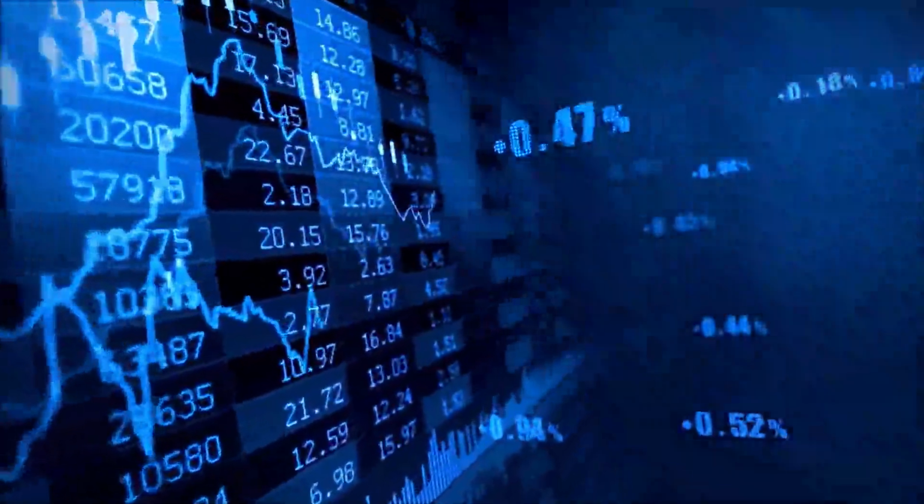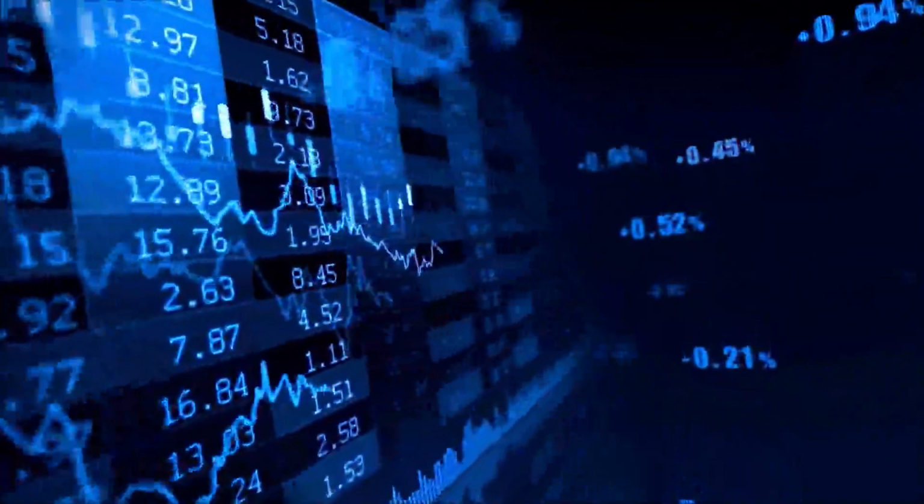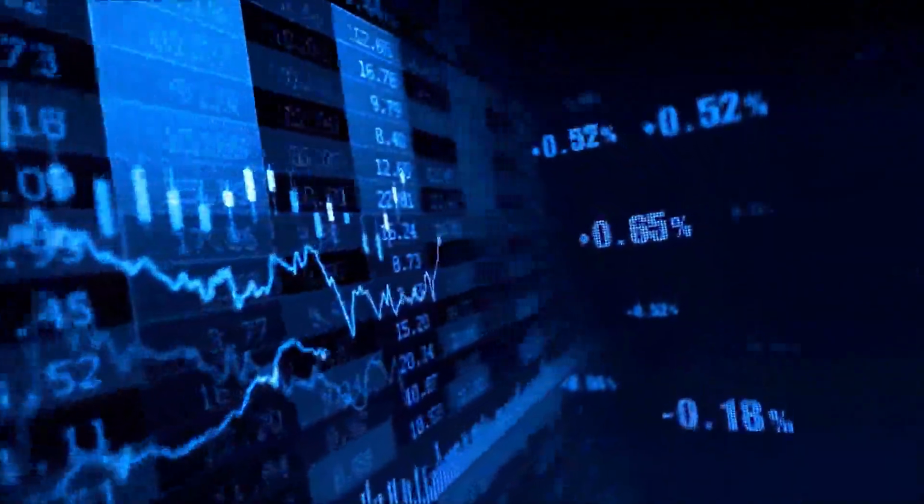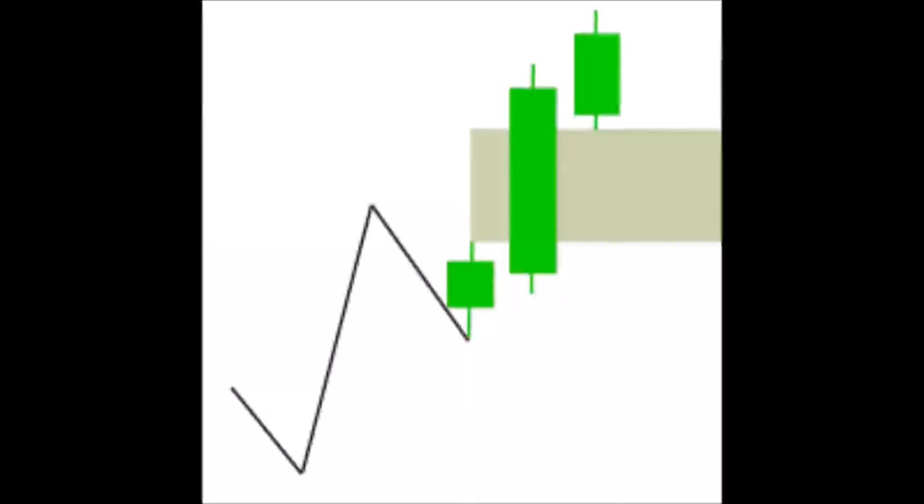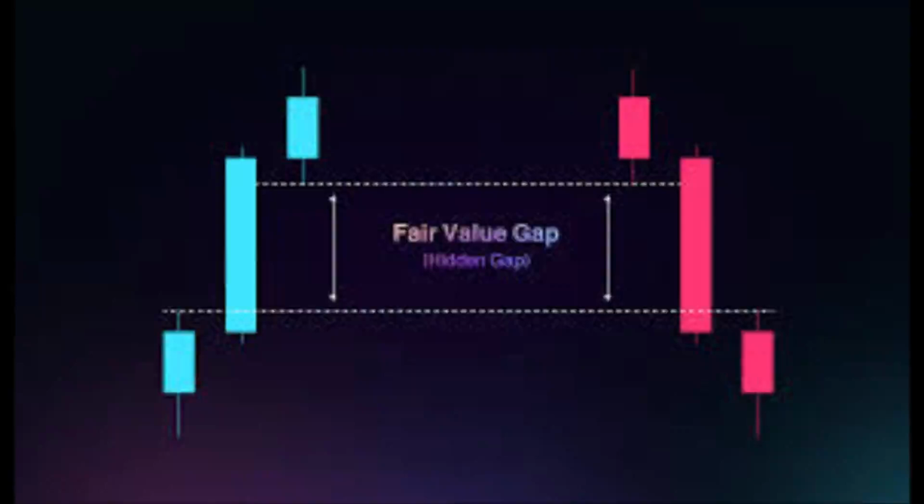Fair value gaps are central to smart money concepts and ICT style trading. The trader who understands how imbalances work can better anticipate market direction, entries, exits, and the hidden logic behind price movements.